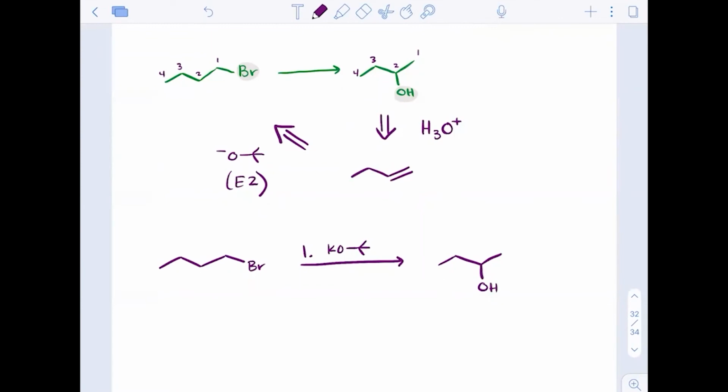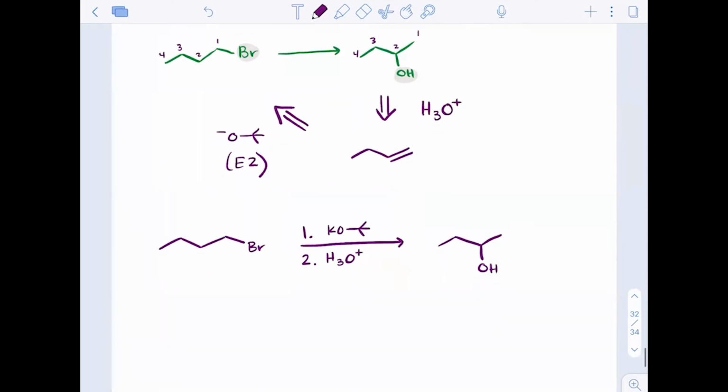We have a primary alkyl halide, so it likes to form substitution. I don't want it to substitute. I want it to eliminate. So make sure in that first step you have a large bulky base. Step number 2, you take that resulting alkene and you perform acid catalyzed hydration. Carbocation intermediate there, it will form our product. No carbocation rearrangements for that one.